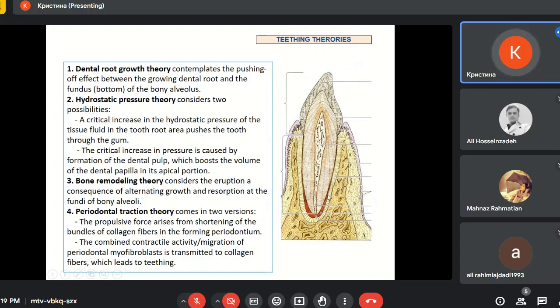Periodontal ligament is one end in the cementum and second end inside the bone tissue, and while the periodontal ligament develops, the length of the bundles of collagen fibers for some reason decreases, and because the direction of these fibers is not just parallel but at some angle like this, so when these bundles decrease in size, they kind of push the teeth a little bit away upwards.